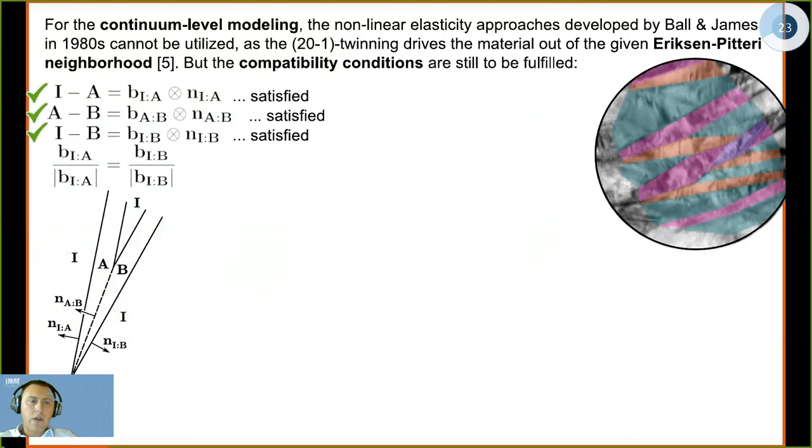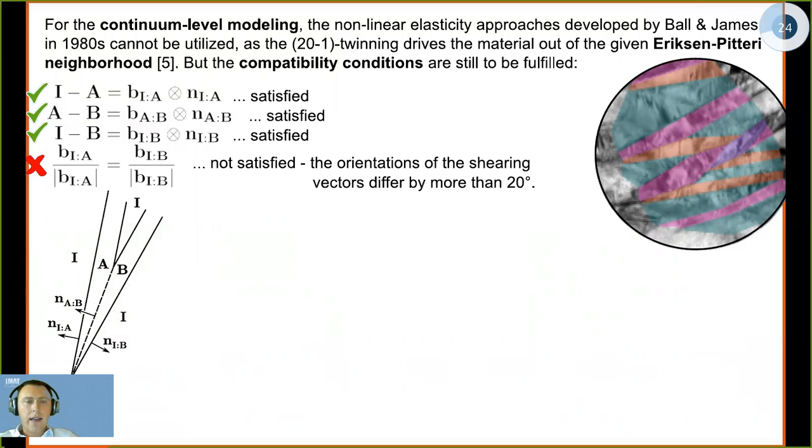And the first three of them, which are just the kinematic compatibility equations over the individual interfaces, are satisfied, but the last one, which requires the two shearing vectors along these interfaces to be parallel to each other, is not satisfied, and it is not even approximately satisfied, which in fact means that such a microstructure can never arise just from twinning. So it rules out the possibility that this is just a classical twinning pattern completely.